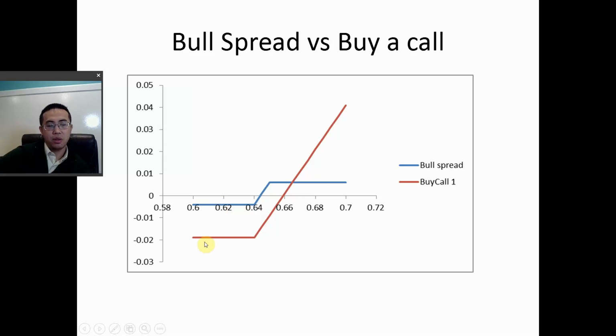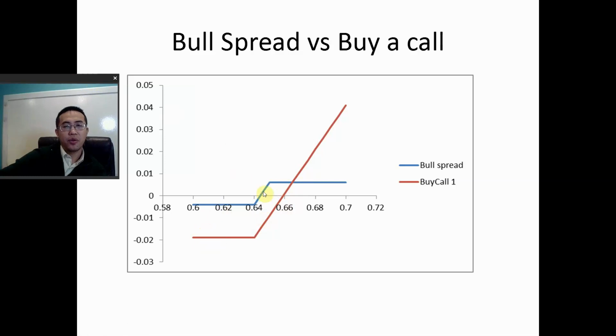But for just one single call option, your loss is higher. But it also puts a curb on your upside limit. For a call option, potentially you can make a lot of profit, there's no upper limit, but for a bull spread, you just have a very curbed and limited profit zone.